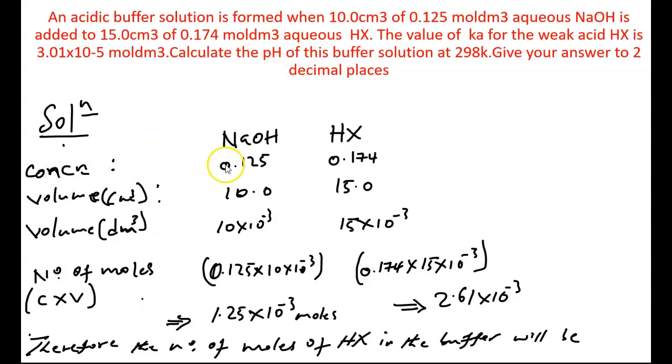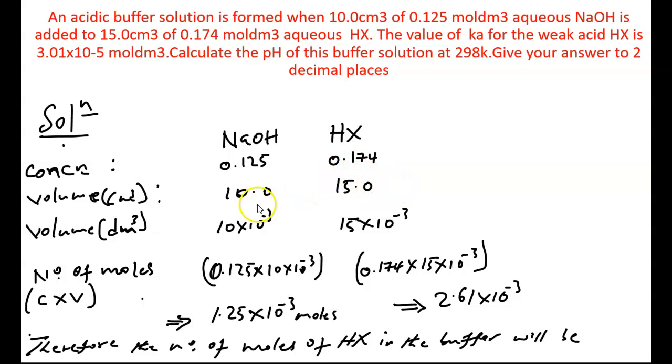We know the concentration of the sodium hydroxide, which is given to us as 0.125 moles per dm³. We also know the volume of sodium hydroxide as 10 cm³. We've also been given the concentration of the weak acid, which is 0.174 moles per dm³, and the volume of the weak acid, 15 cm³.